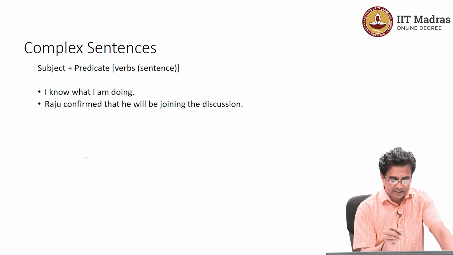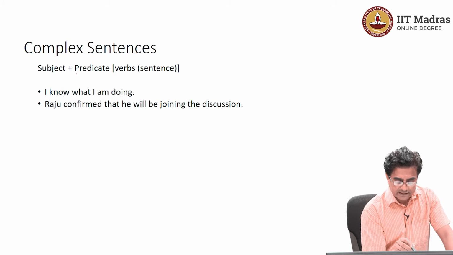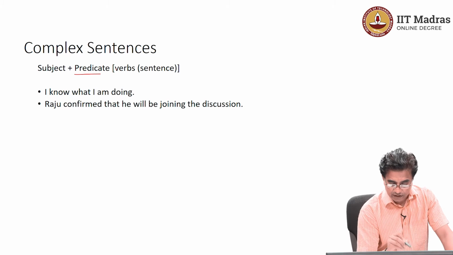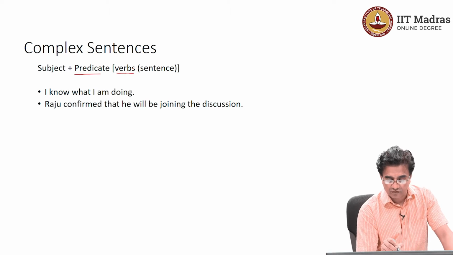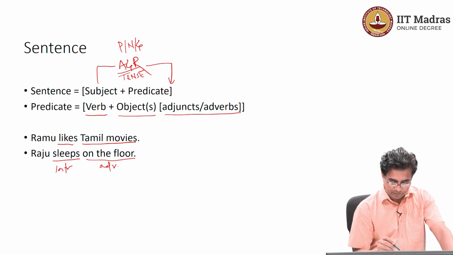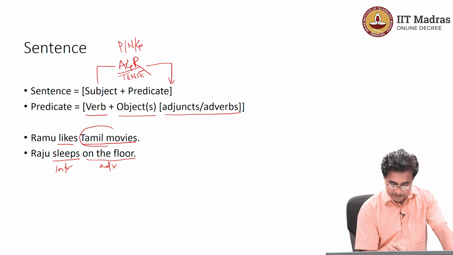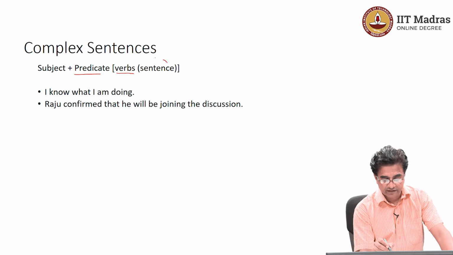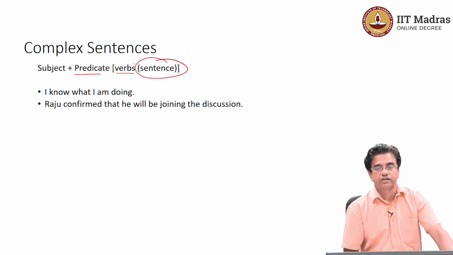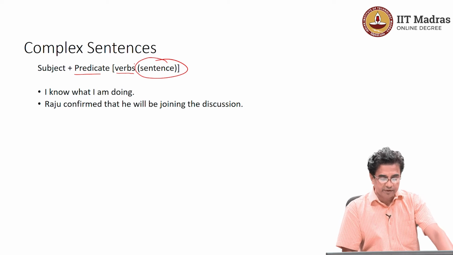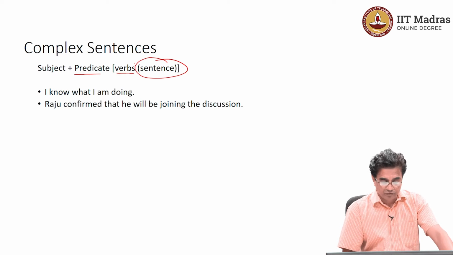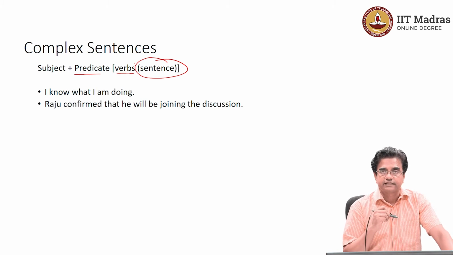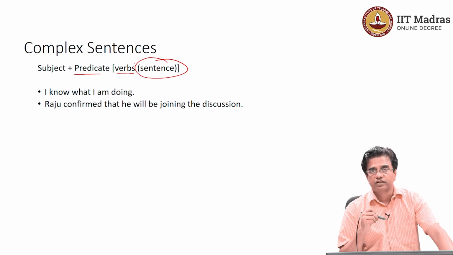So, what happens is, in a complex sentence, we have a predicate, in which we have a verb, and instead of a noun phrase like Tamil movies as an object, we have a sentence as the object of that verb, a complement as an object of the verb. That sentence is called complement clause, which is embedded within the predicate.